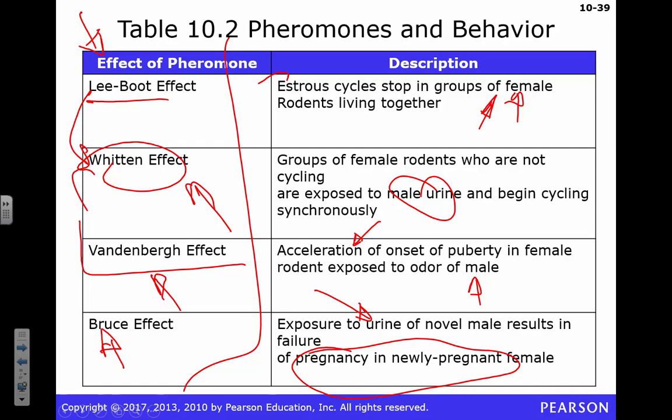Yes. However, if you're comparing, you always have control groups. The control group's going to go through the exact same situation, except they're not going to get the odor of the male, right? They all might have an earlier onset than a group of natural mice, but you would still have an even earlier onset with the ones exposed to the male urine. But that's a good question. That's why you need control groups.